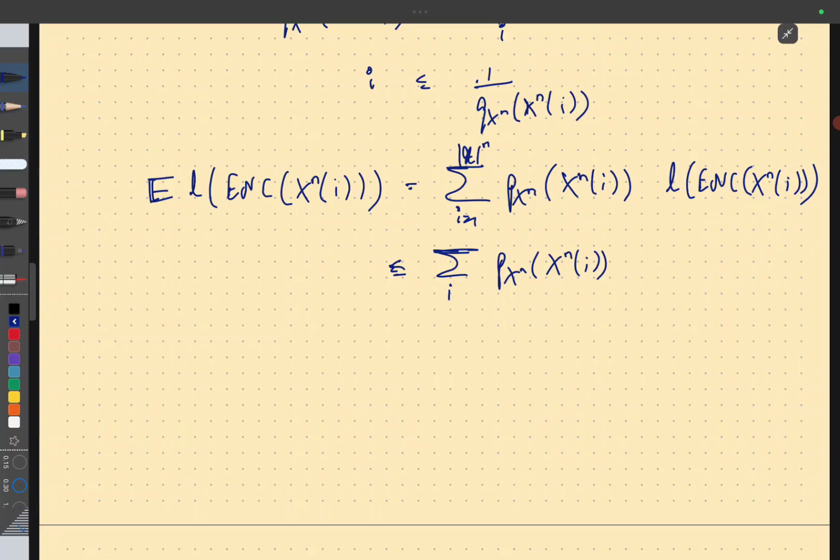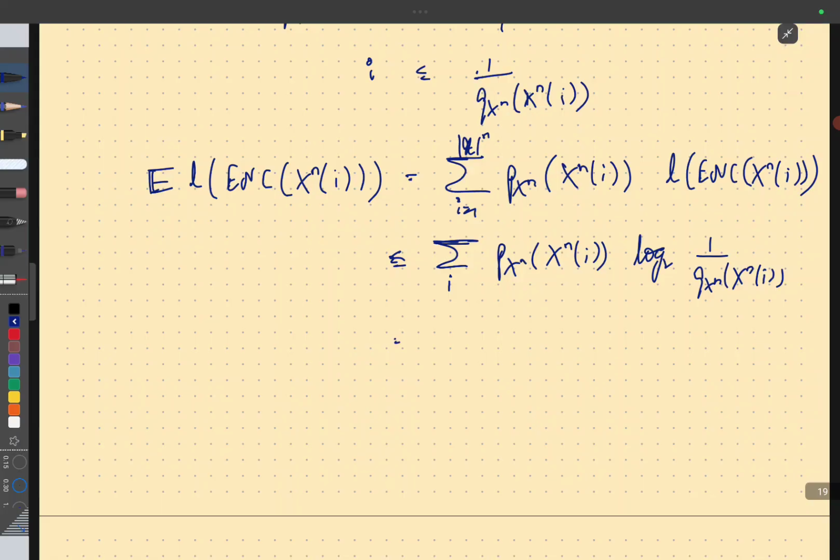So this is less than or equal to the summation over all possible x^n of P(x^n) log 1 over Q(x^n).